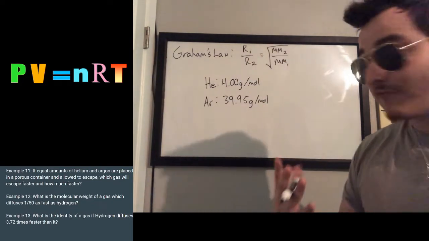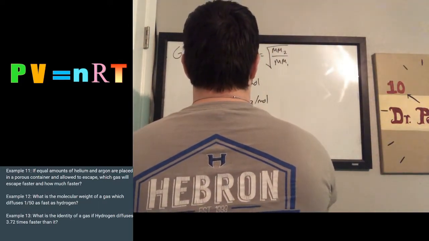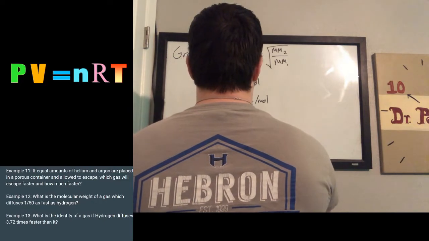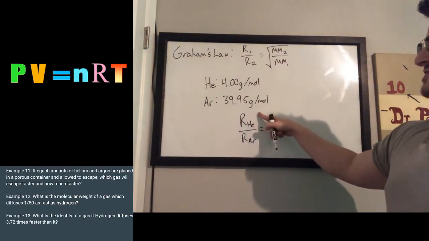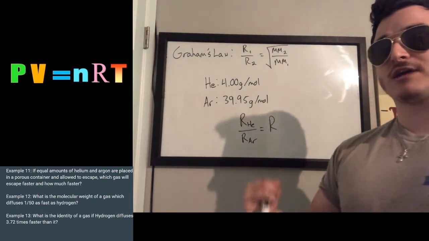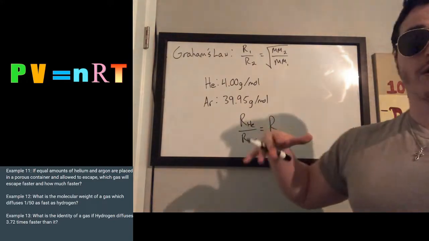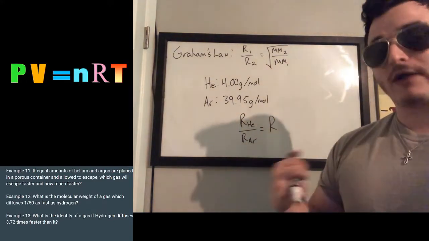Which means, if we set this up correctly, the ratio of helium's speed of escape versus argon's is simply going to be our answer. If we put helium on top, then the number that we get in our calculator once we plug in the following numbers, we get our answer.